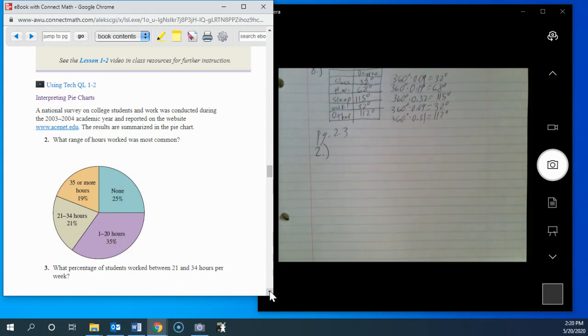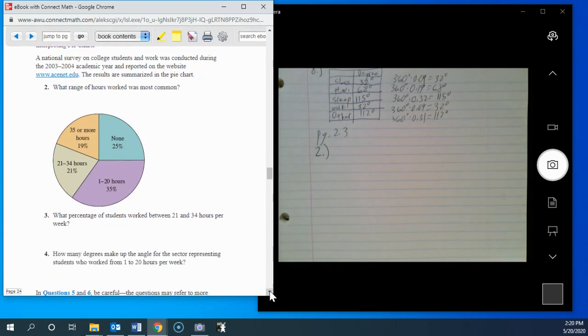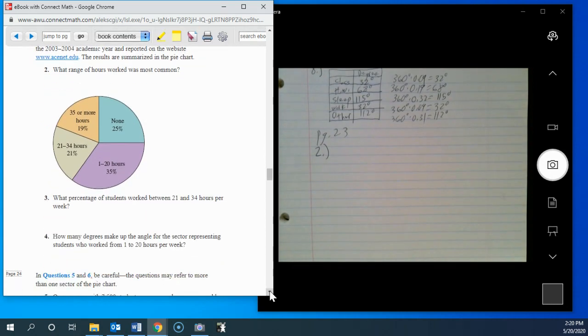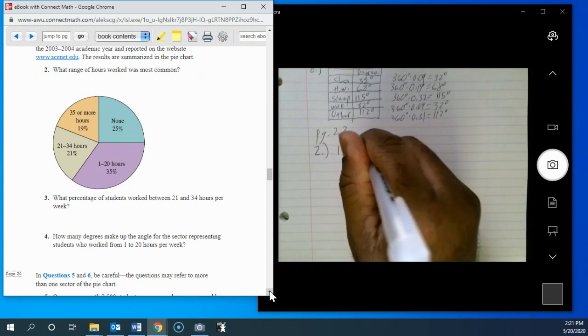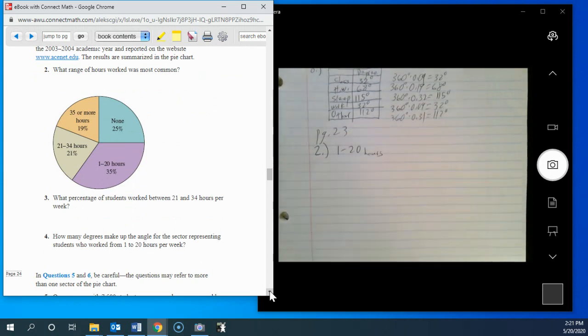What range of hours was most common? Anybody? Number 2. What range of hours worked was most common? 1 to 20. Yep, 1 through 20. That had the largest percent, 1 through 20 hours.